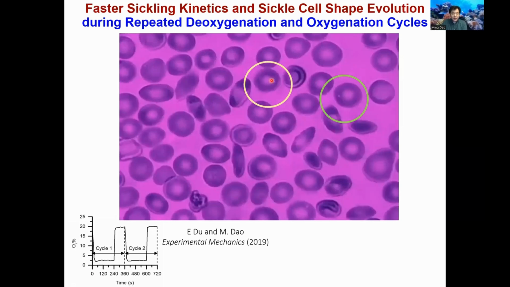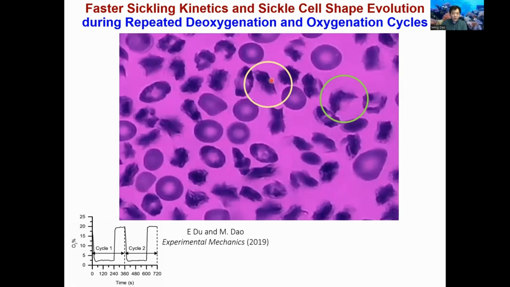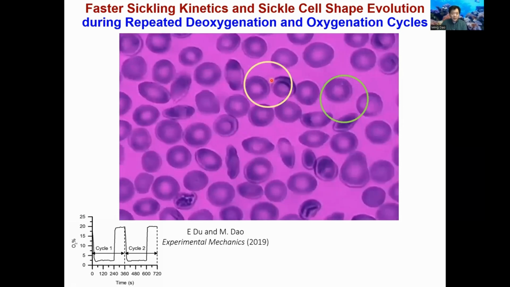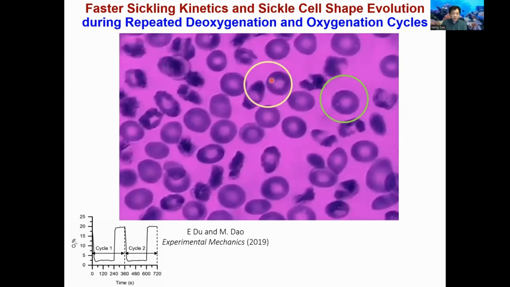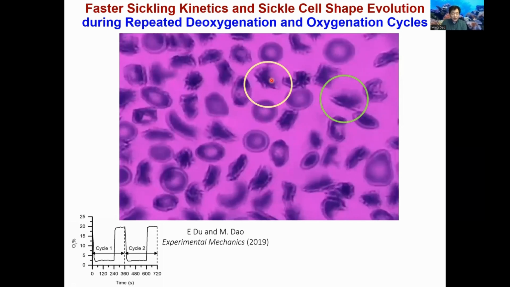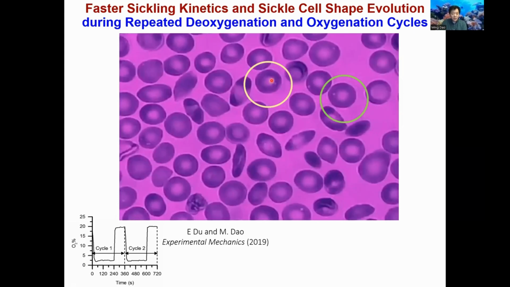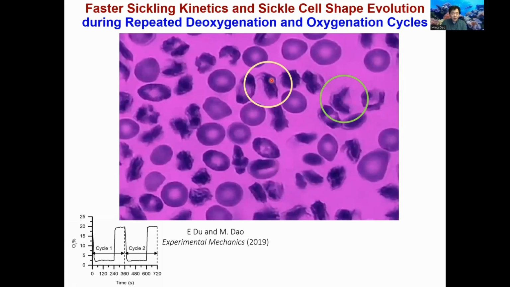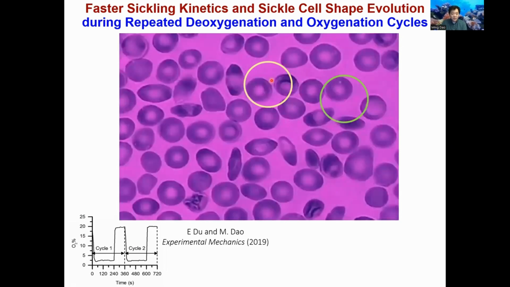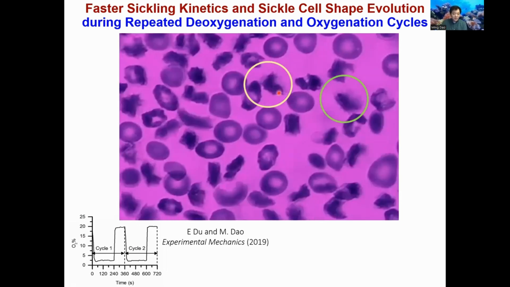You can see each time when it deoxygenates it sickles, and when you reoxygenate, it will unsickle. But in between two cycles, this same cell will sickle into different shapes. So it's a stochastic sickling process. Between two different cycles, it will sickle into different, kind of random shapes.